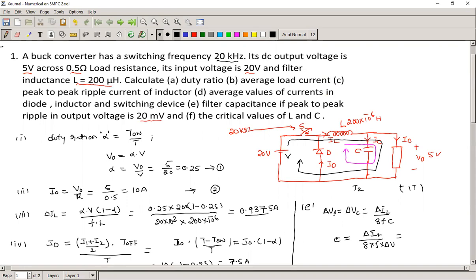So this value that you have to substitute is 0.9375 divided by 8 into frequency, the switching frequency 20 kilohertz, into delta V, that is 20 millivolts, which we converted to volts. If you calculate all these values, you get the C value.